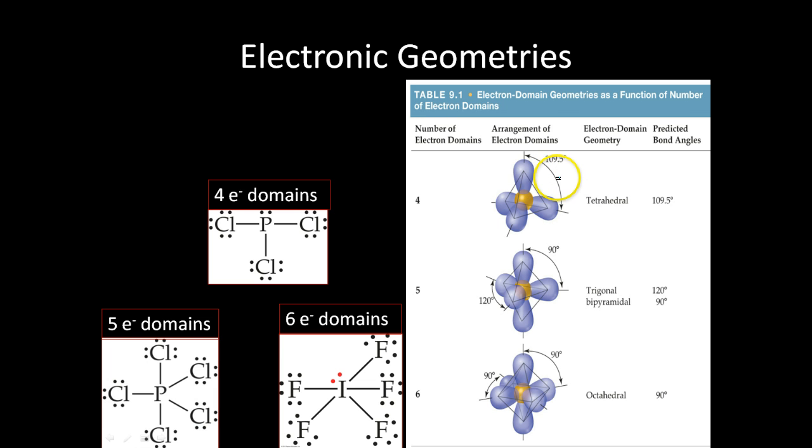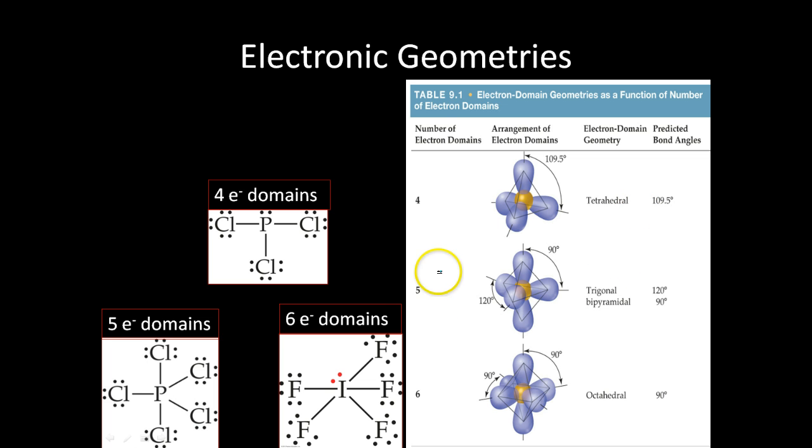The angle between all these electron domains is 109.5. This particular shape is called tetrahedral. You'll need to know the names of these shapes and what they represent. Drawing them, I don't expect you to know how to draw them so much. But know that if you've got 4 electron domains around an atom, you end up with a tetrahedral electron geometry.